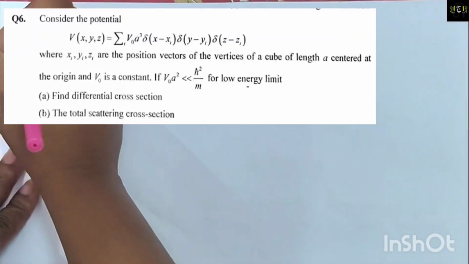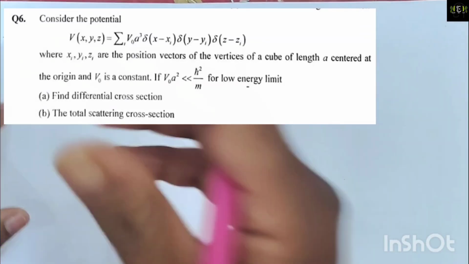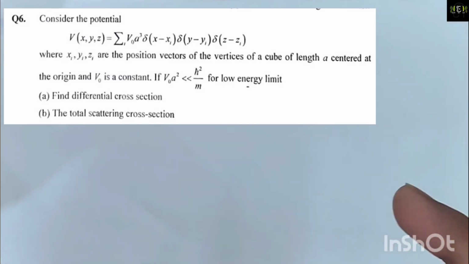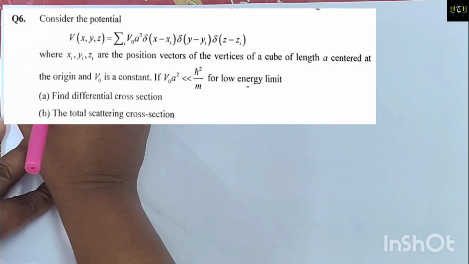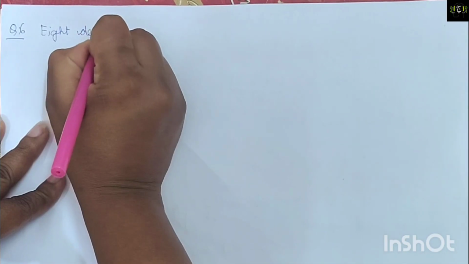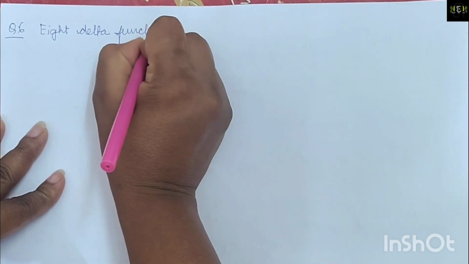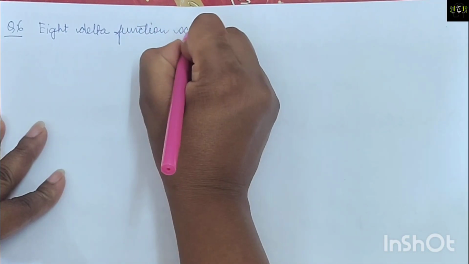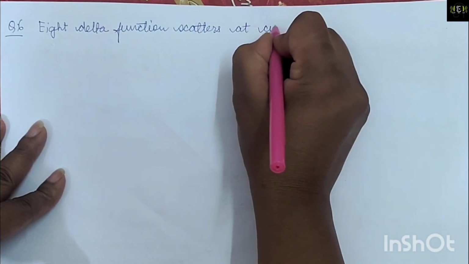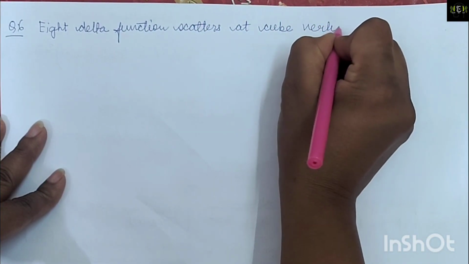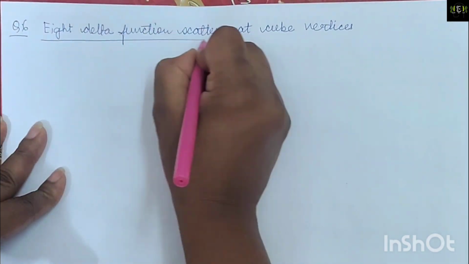Now see, in question number 6, they are talking about a cube, and this cube is scattered by 8 delta functions. So I will say that 8 delta function scatters at cube vertices. This is our question.